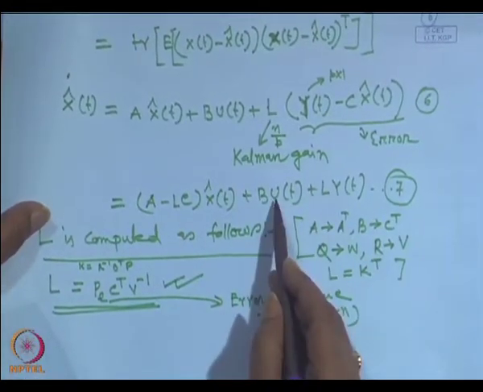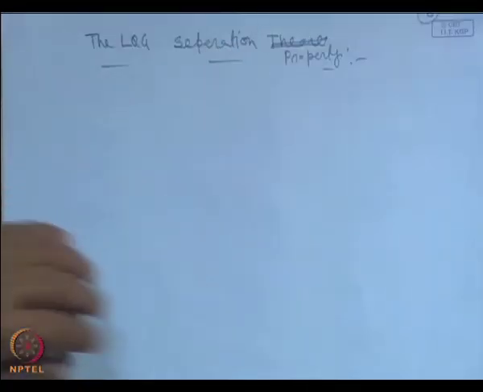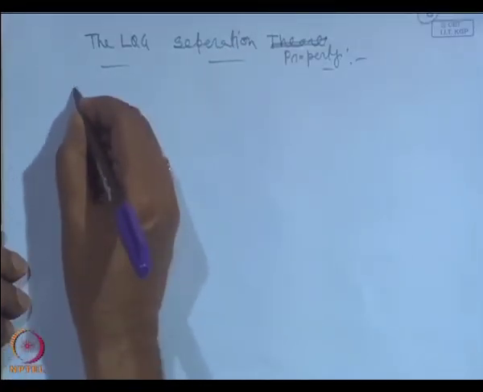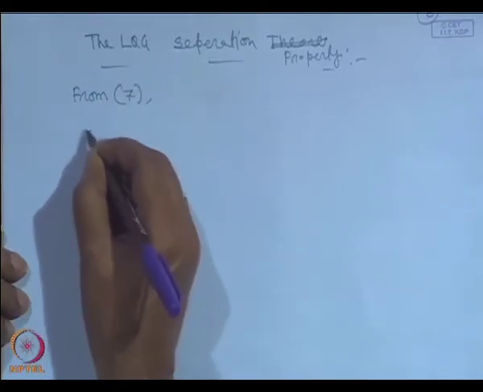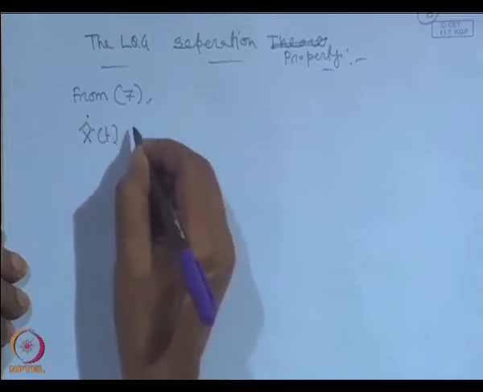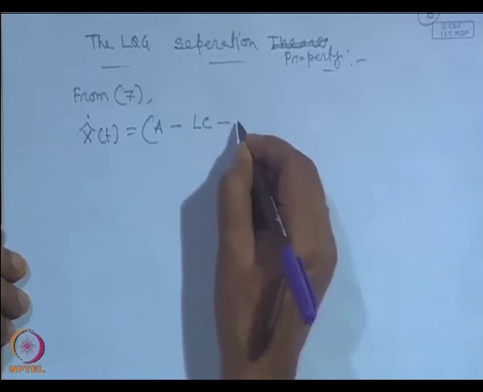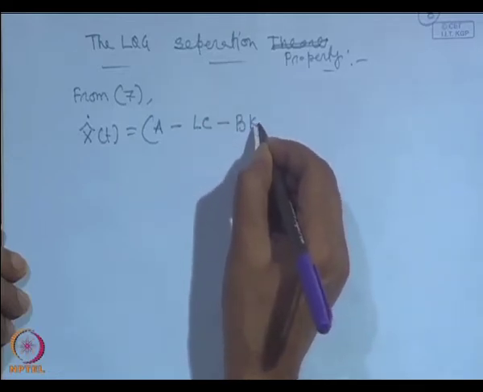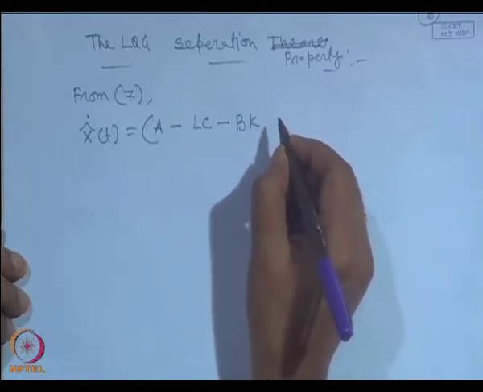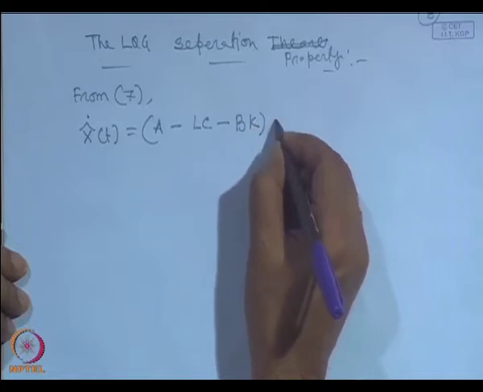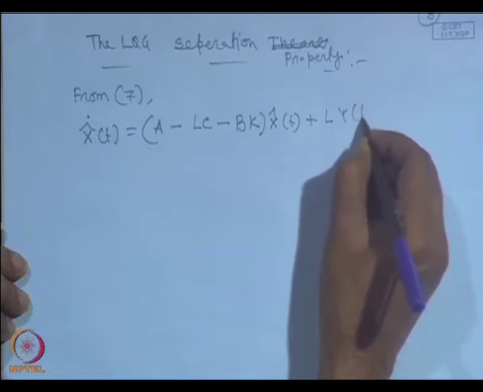In this equation, putting u equal to minus K x hat, from 7 we can write x dot of t is equal to A minus L C and B K, because B u, with u replaced by minus K x hat of t, so that is why it is x hat of t plus L y of t.